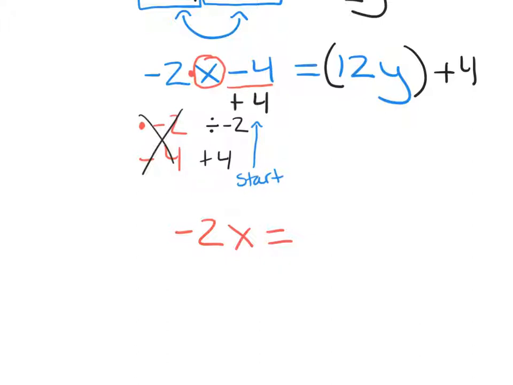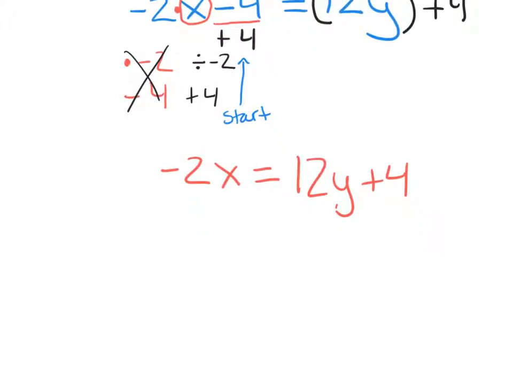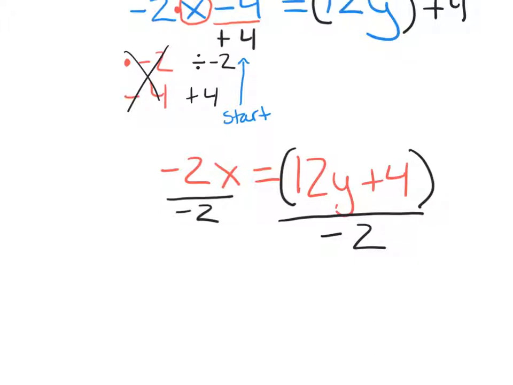We need the parentheses, right? Well, is there anything happening inside the parentheses that I can? Nope, and it's just addition, so there's not anything being multiplied right outside the parentheses, or there's no exponent, so I'm good to just say 12y plus 4. And now to get the x by itself, we divide by negative 2. And again, it's the whole side that gets divided by negative 2.